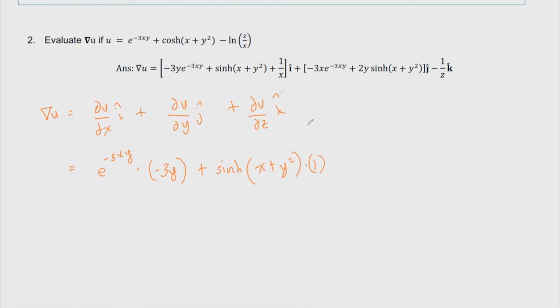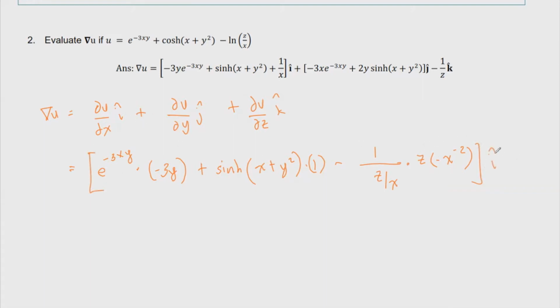So we have minus, and then since we have z here, we need to take the derivative of this one, so minus 1 over z over x, and then we multiply this with the derivative of z over x, which is actually z x raised to negative 1. So if you try to differentiate x to the negative 1, what we have is times z and then times negative x raised to negative 2.